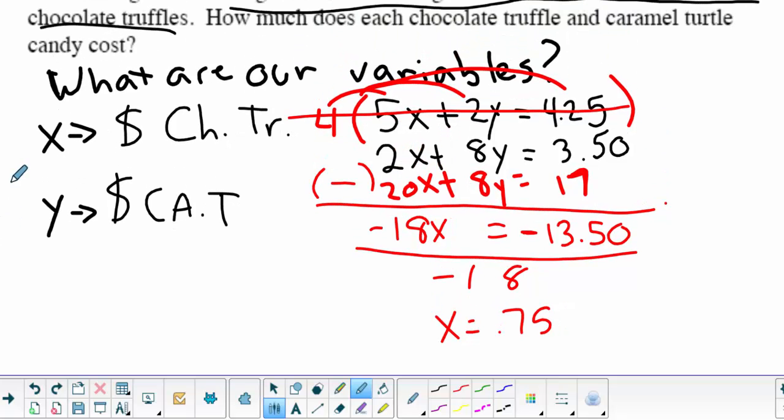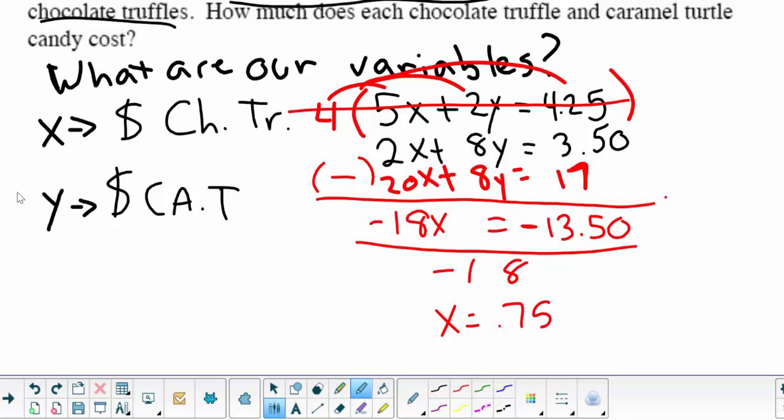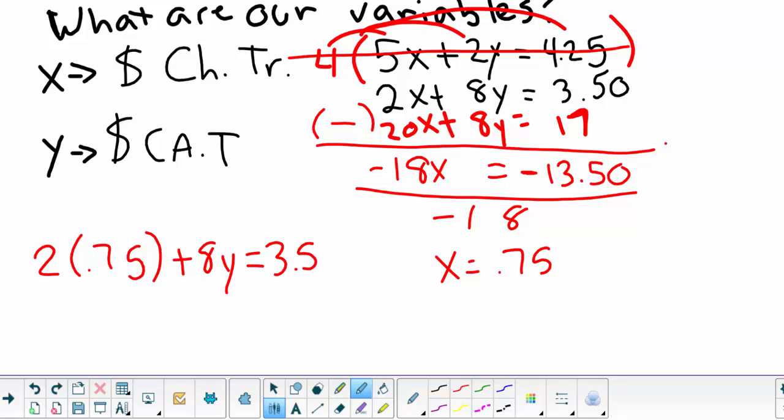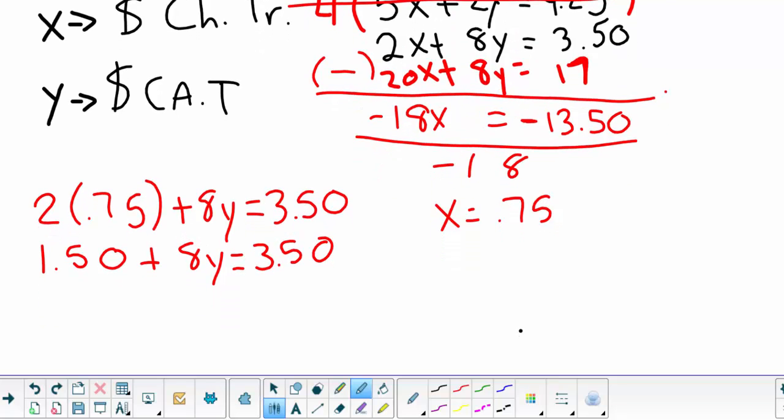Now if we want to find out what the other one costs, we just pick either one of the equations and plug that back in. I'm going to go with the second equation. It doesn't matter which one you pick. So I'm going to have 2 times 0.75 plus 8y equals 3.50. 2 times 0.75 would be $1.50, plus 8y equals 3.50. Now we need to subtract $1.50 from both sides.